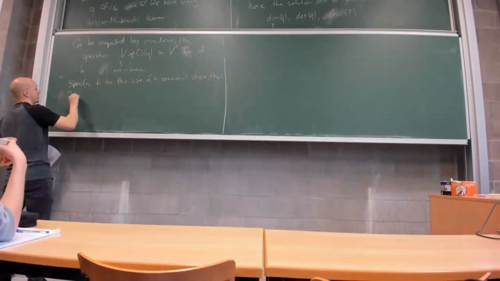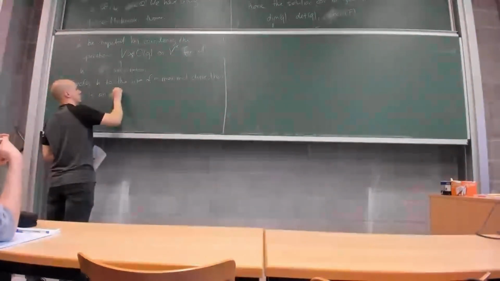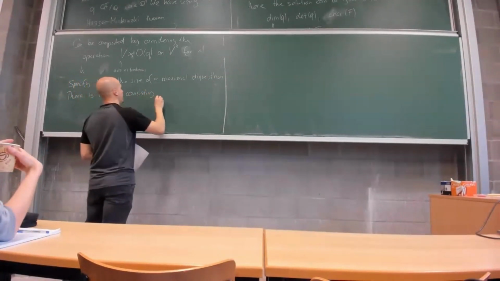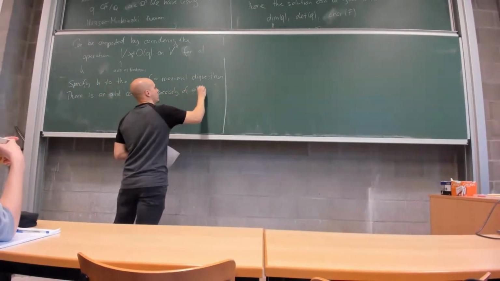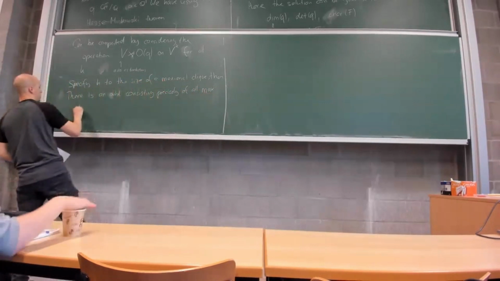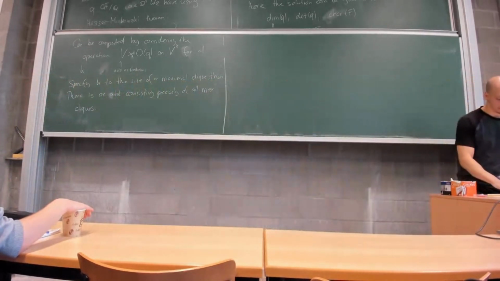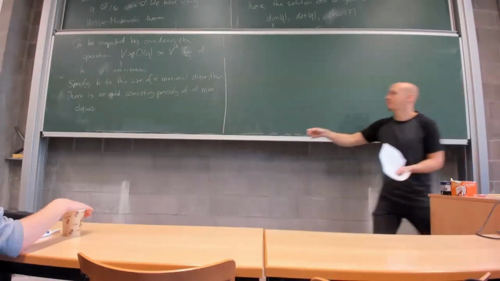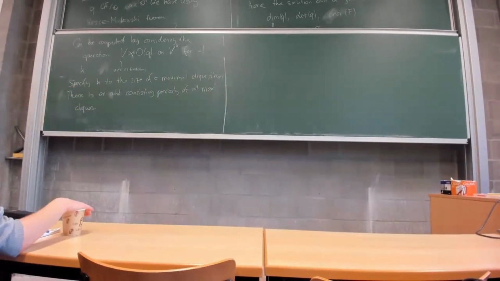And indeed, we find out that there is an orbit consisting precisely of all maximal cliques. So we know that there is an orbit that contains all the maximal cliques and no other subsets.